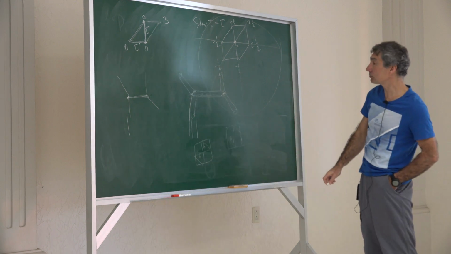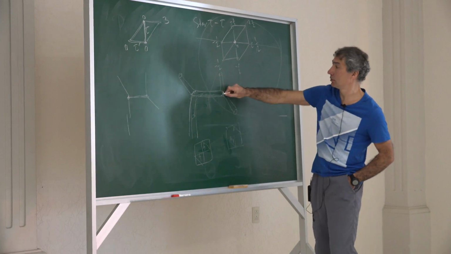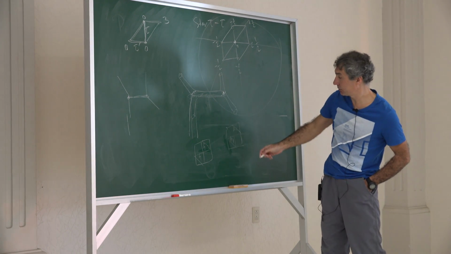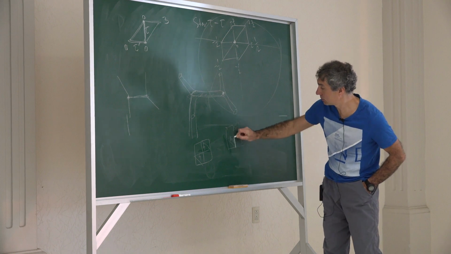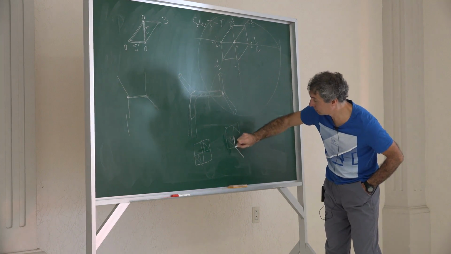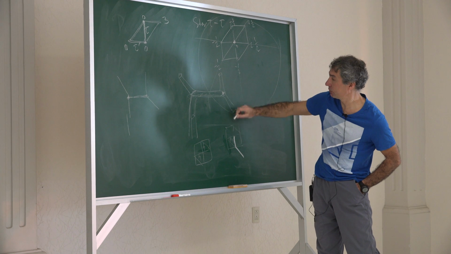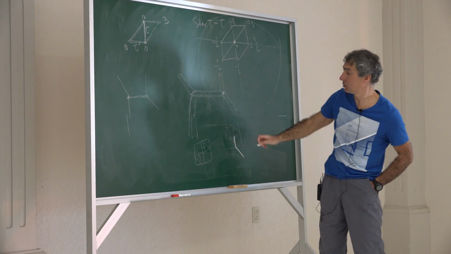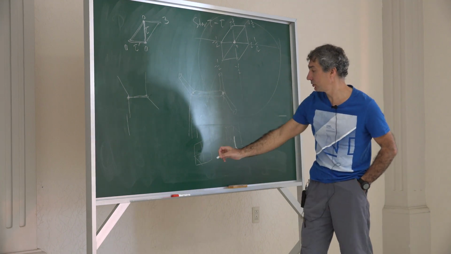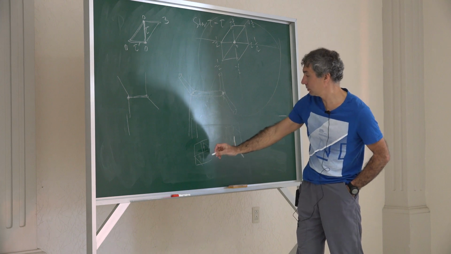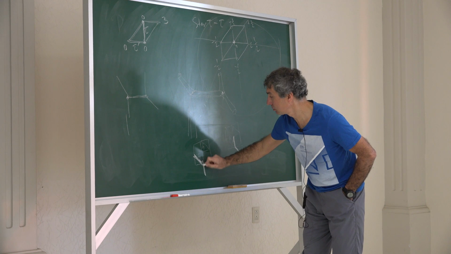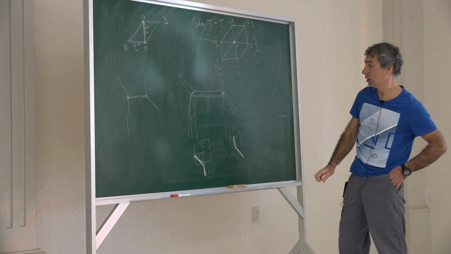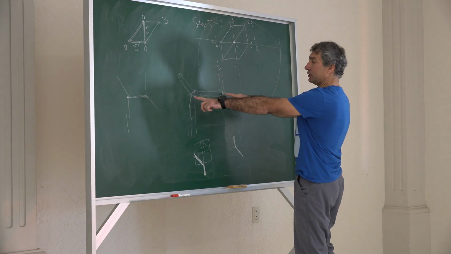So what's the fiber over the thing? So the fiber is actually going to be over this vertex. And the fiber over this vertex is going to be, let me see, this one. And what's going on in between the vertices?